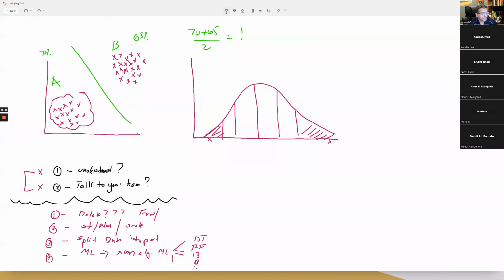Okay? Yes, boosting, any boosting machine learning.